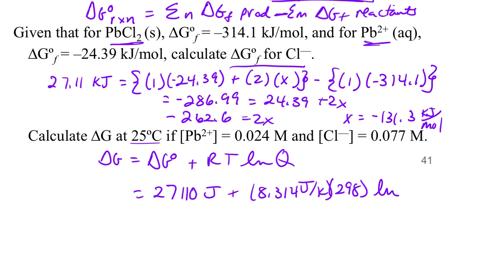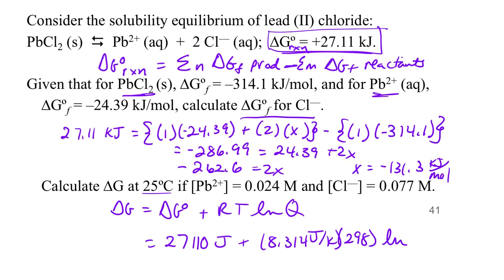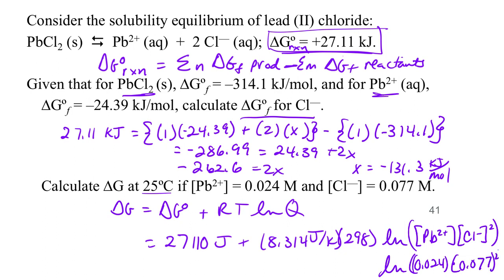So Q in this case is going to be the concentration of lead ion times the concentration of chloride ion, and we have to square that chloride ion concentration. And so that's going to end up being natural log of 0.024 times 0.077 squared.